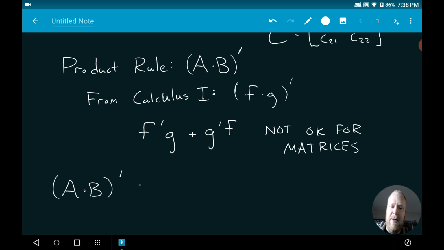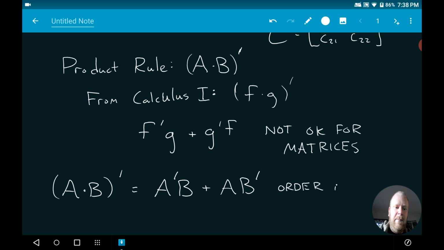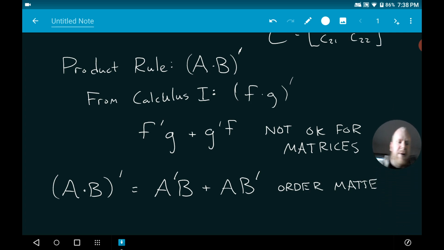So if I have A times B prime, then I have A out in front and B second, and I need to retain that order. So this would be A prime times B plus A times B prime. Again, so I'll say order matters.